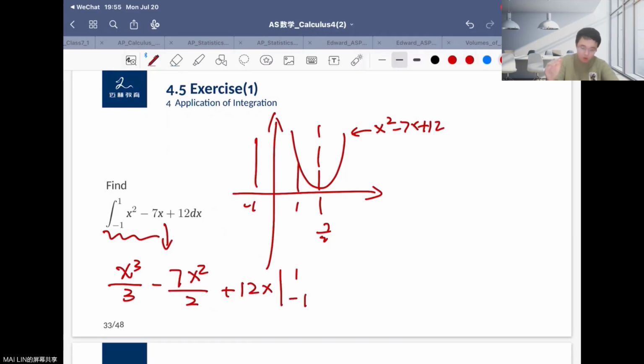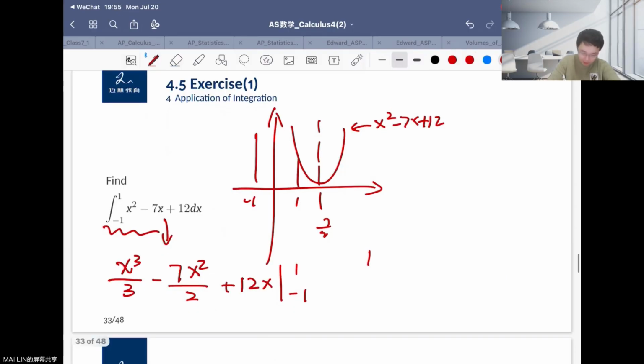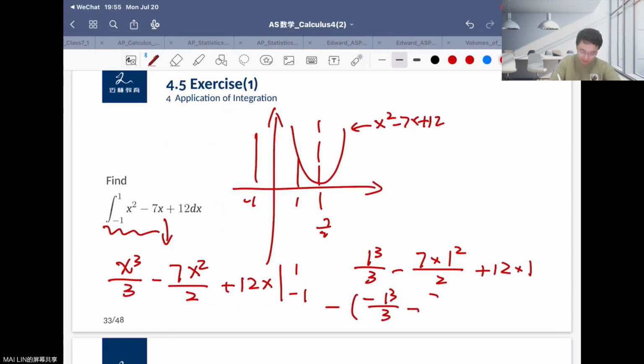We put in 1: 1 cubed over 3 minus 7 times 1 squared over 2 plus 12 times 1. Then minus the value at -1: -1 cubed over 3 minus 7 times -1 squared over 2 plus 12 times -1. That is how to calculate it.